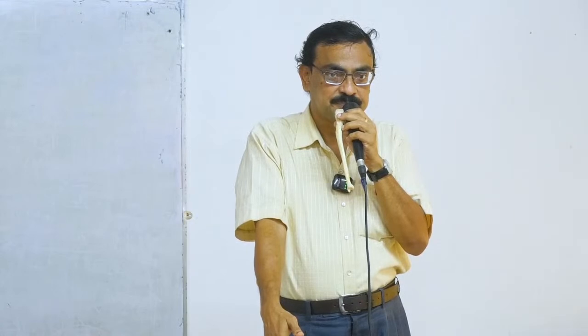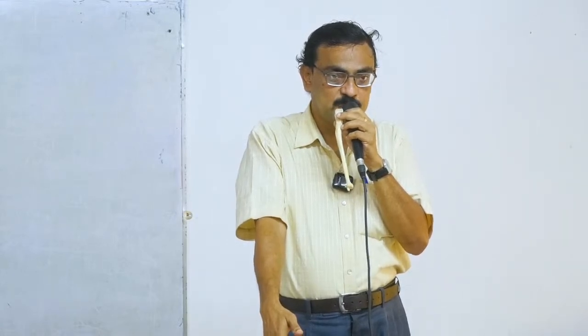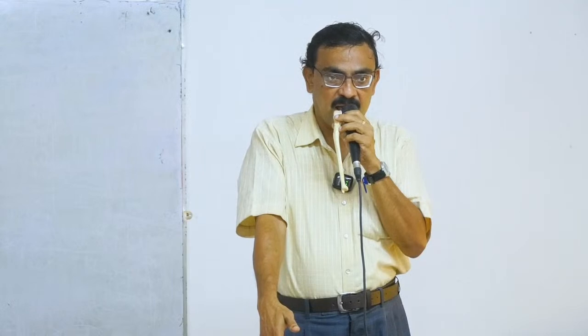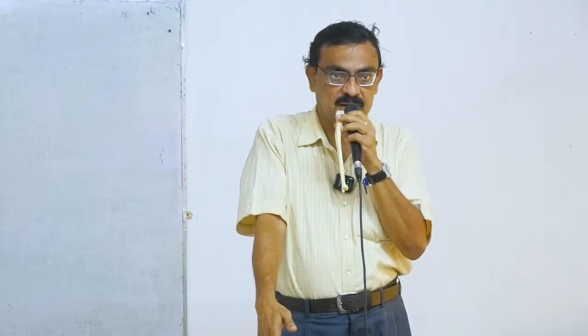Now, this ulna is also called post-axial bone because during embryonic period, radius was in front of the axial line and ulna was behind the axial line, and there is a rotation of the forearm on lateral side.